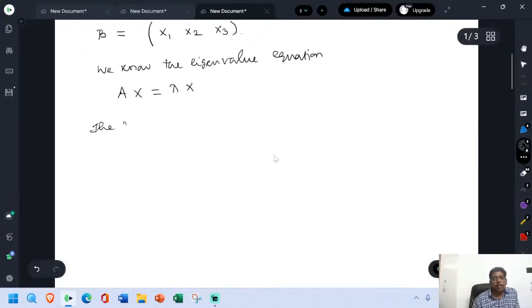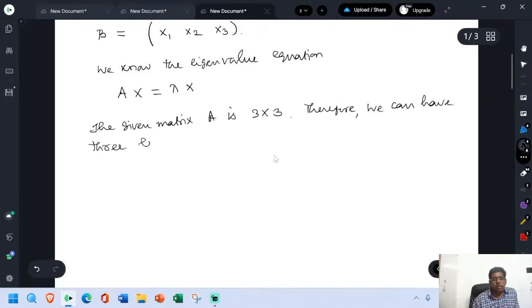The given matrix A is 3 by 3. Therefore, we can have 3 eigenvalue equations.